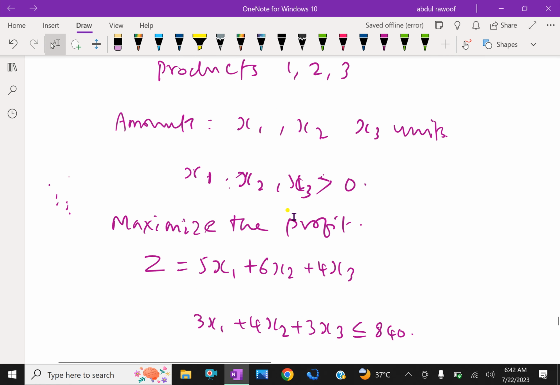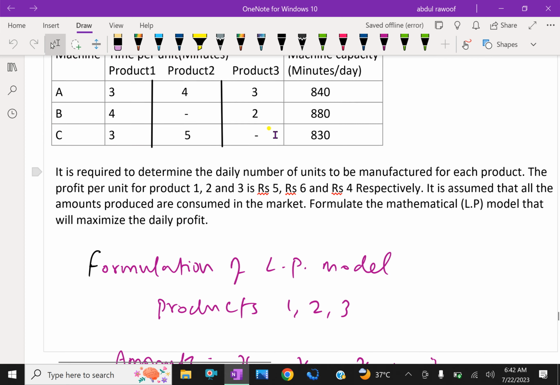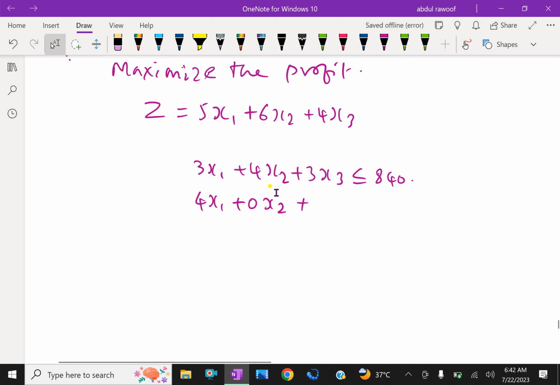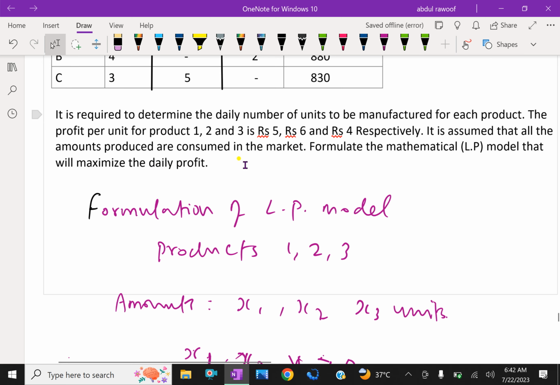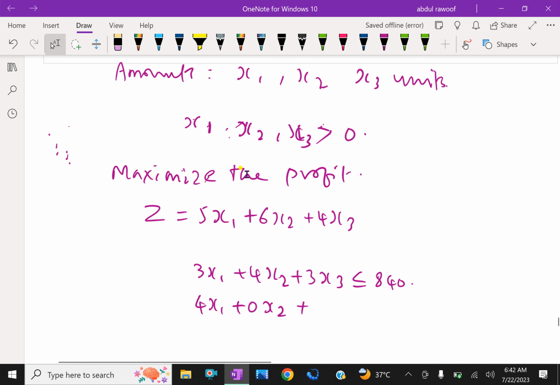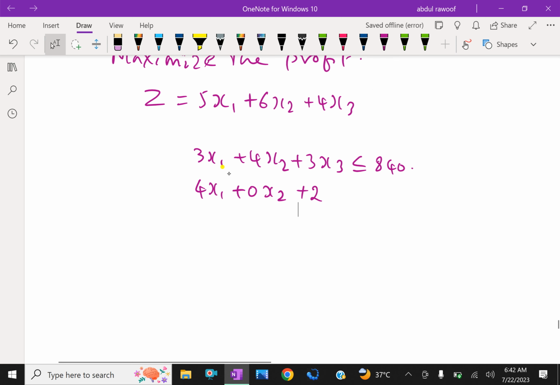The next equation is 4x1 plus 0x2 plus 2x3 is less than or equal to 880.